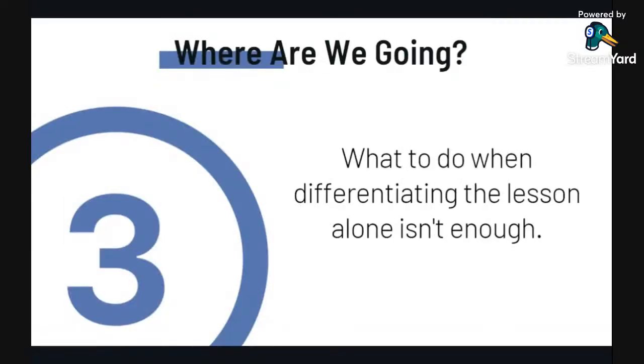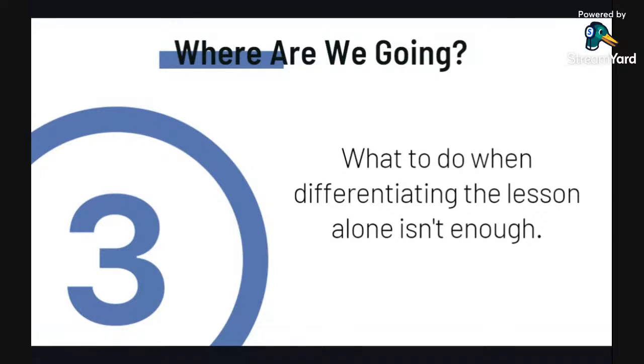And then our third stop tonight is going to be talking about what to do when differentiating your lesson alone is not enough. So there's going to be times when the differentiation strategy that we talk about tonight is going to absolutely hit the mark for your students, right? It's going to be exactly what you need.